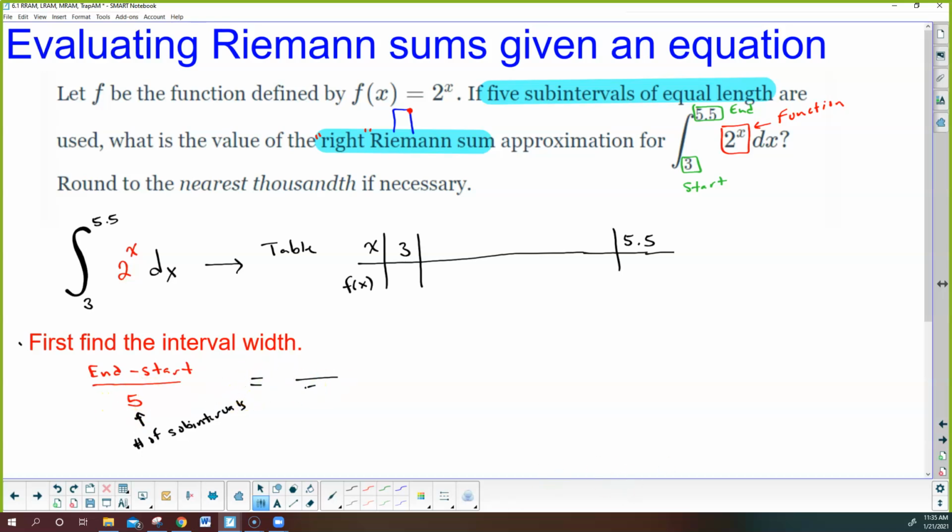I could have done that here, but we know what the end is. I want to end at 5.5, and we know what the start is at 3, and then I want 5 equal subintervals. So if we do that, we end up with 2.5 over 5, or 0.5. And this is the width of each interval.